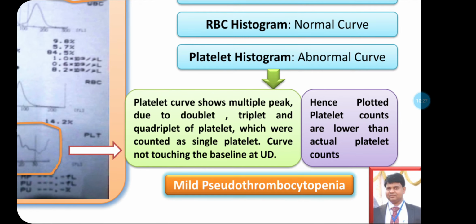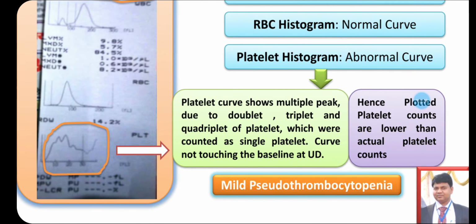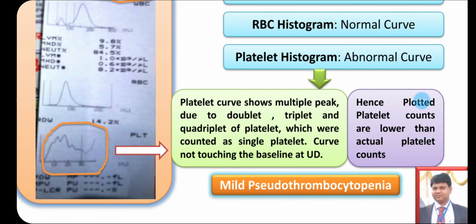The count plotted by the analyzer could be a false count because the actual count is higher than the plotted count. This is how we can diagnose a case of mild pseudothrombocytopenia.